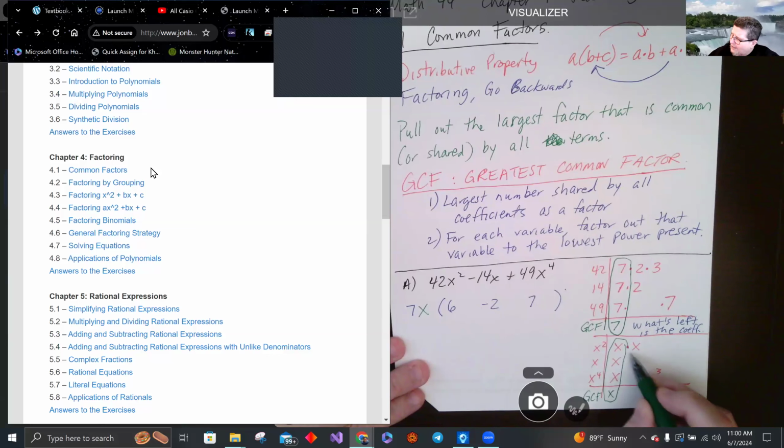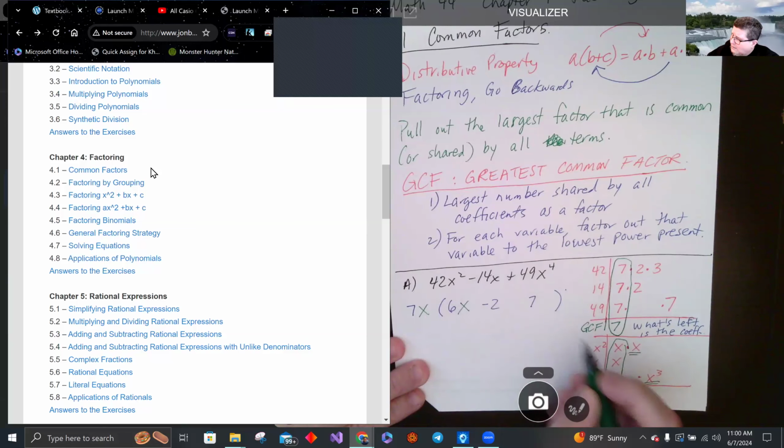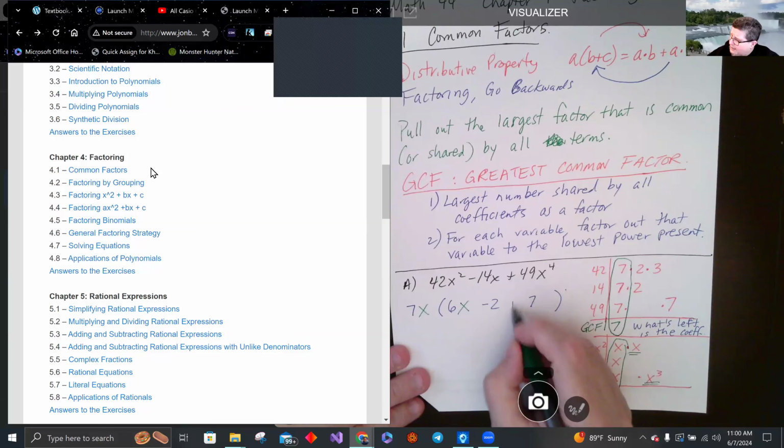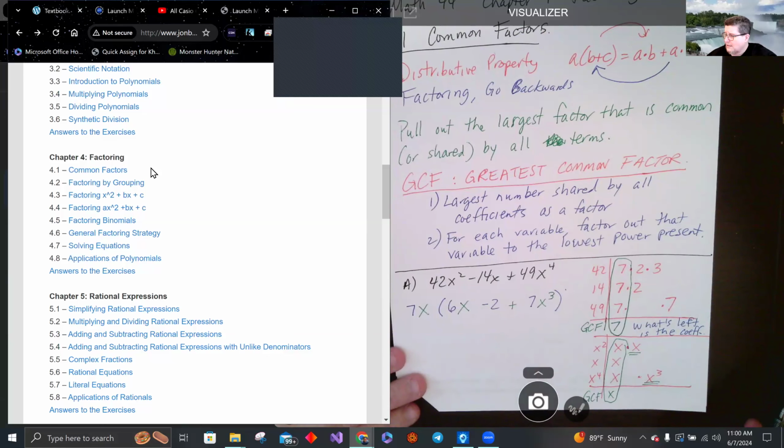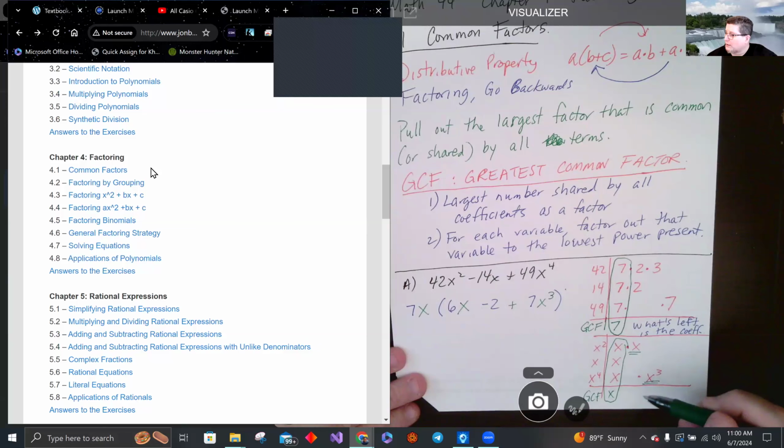And what I have left over is the things that remain. So the x went with the 42, the x cubed was with the 49, and just keep them in the same order. Or you can do one table where they're all together.